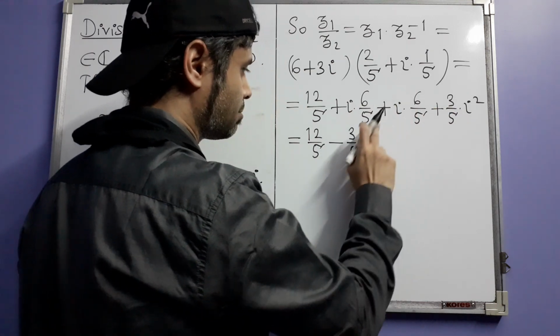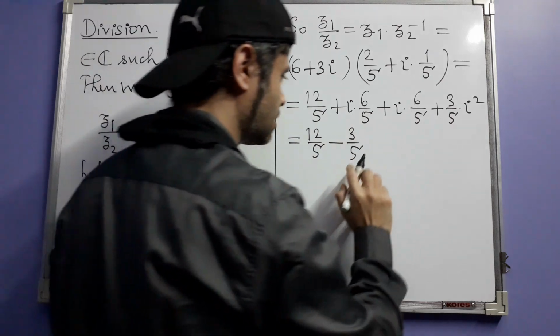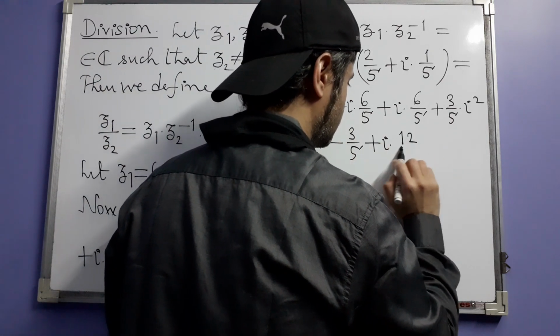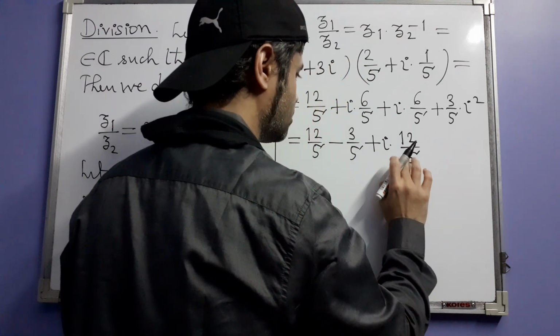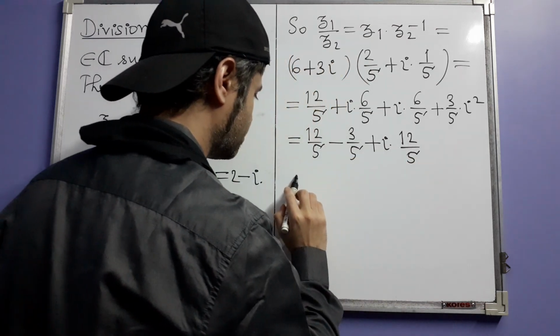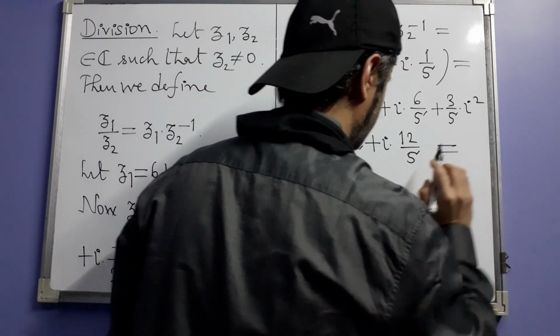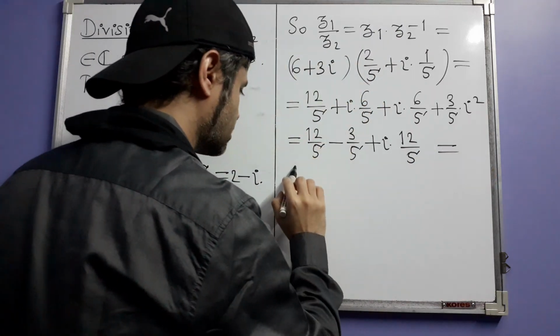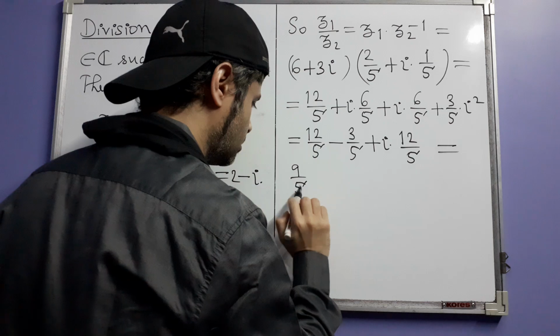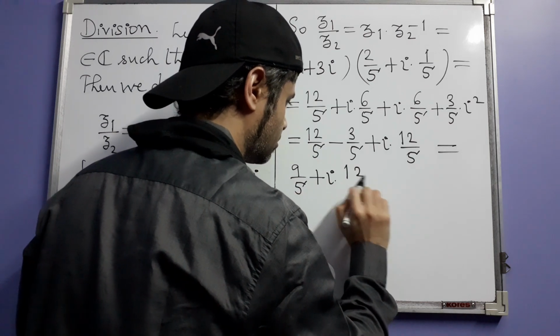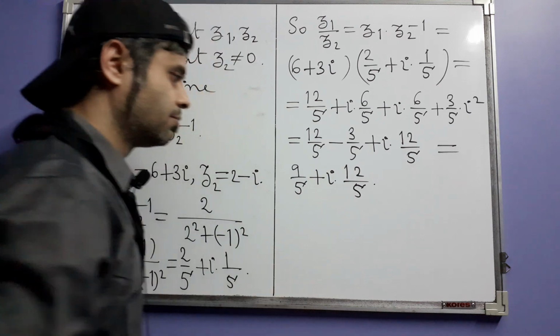And what happens to this? See, these two terms are the same, so twice of that, that means 12 divided by 5. So this is 12 minus 3 is 9, 9 over 5 plus i times 12 over 5.